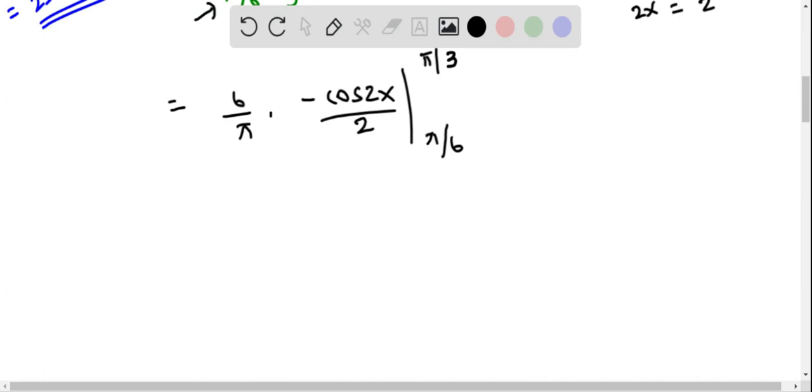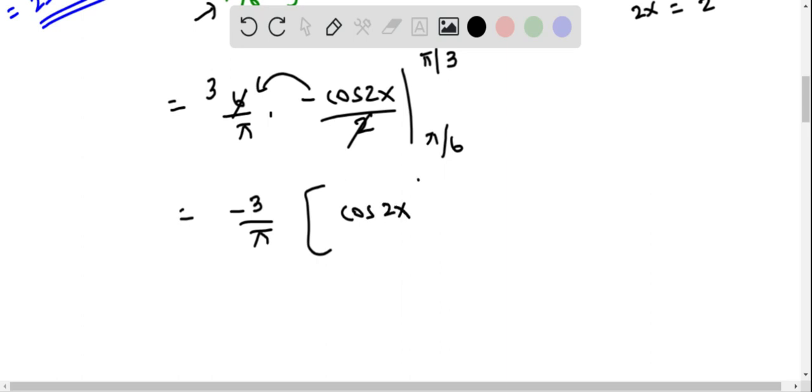Now let's multiply the numbers. We can cancel this 6 with 2 as 3 times, and we also have negative. So I multiply this negative with 3. Therefore this becomes negative of 3 over pi, and we have to evaluate cos 2x within the limits of pi by 6 to pi by 3.